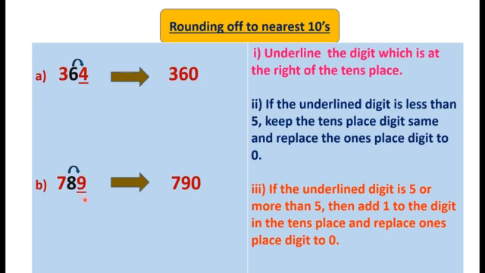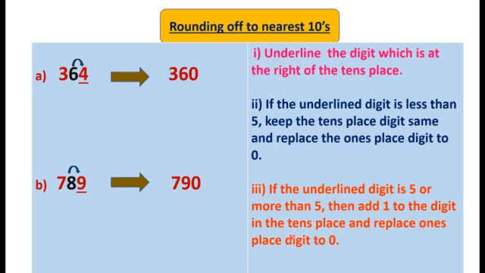So 9 we have underlined, and it says if the underlined digit is 5 or more than 5, and 9 is obviously more than 5. Then add 1 to the digit in the tens place. So 8 plus 1 becomes 9. You can see here we have written 9.